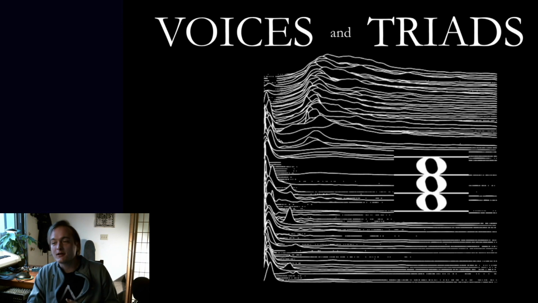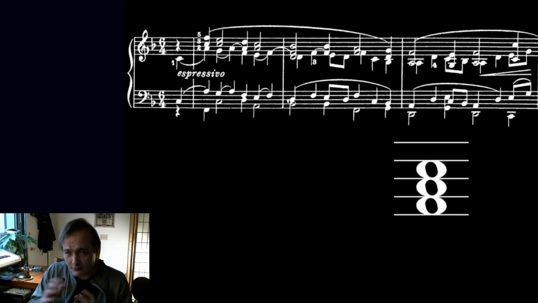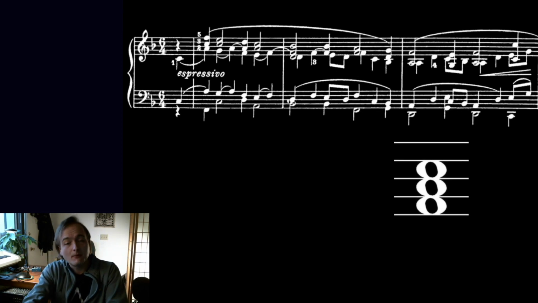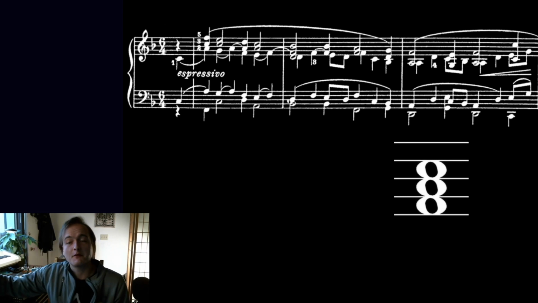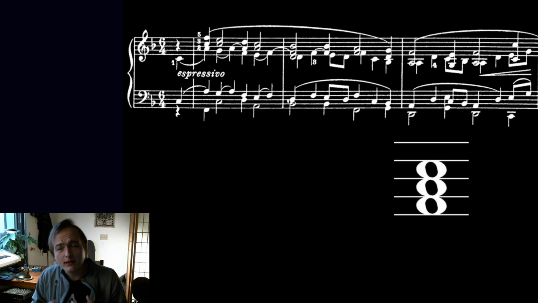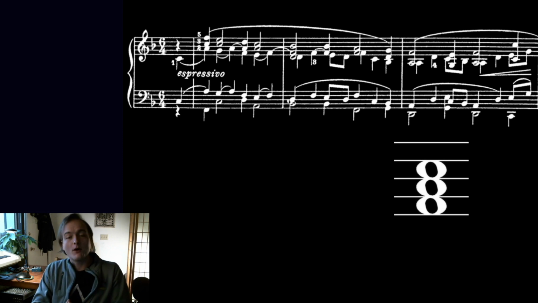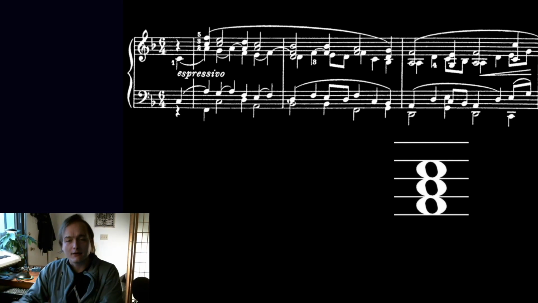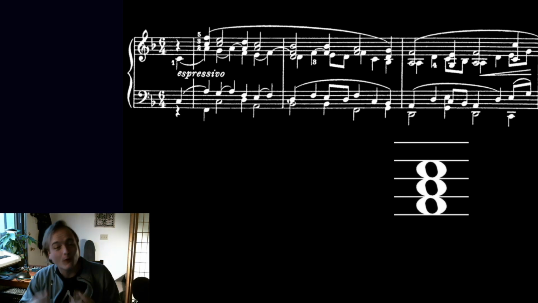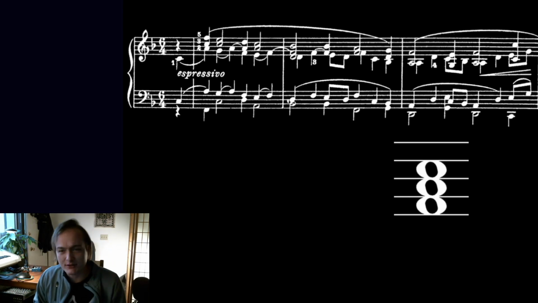So the piece you heard at the very beginning is Brahms' Romanze from Opus 118, the Klavierstücke, which are a bunch of piano pieces. And this is, I think, a very nice example where we can see some of our triads deployed in music. Once we learn what the basic shape of the triads is, we can see how they get spelled out and played out and stretched out and spread out over the course of a piece in all kinds of interesting ways.